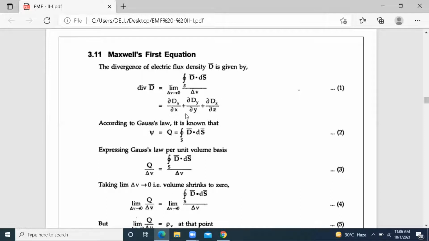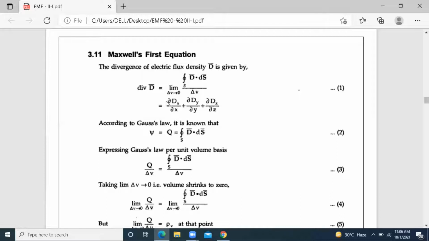Just like differentiation, that's what divergence is: the differentiation of a vector. The way we went through and explained differentiation, this one is not as simple.